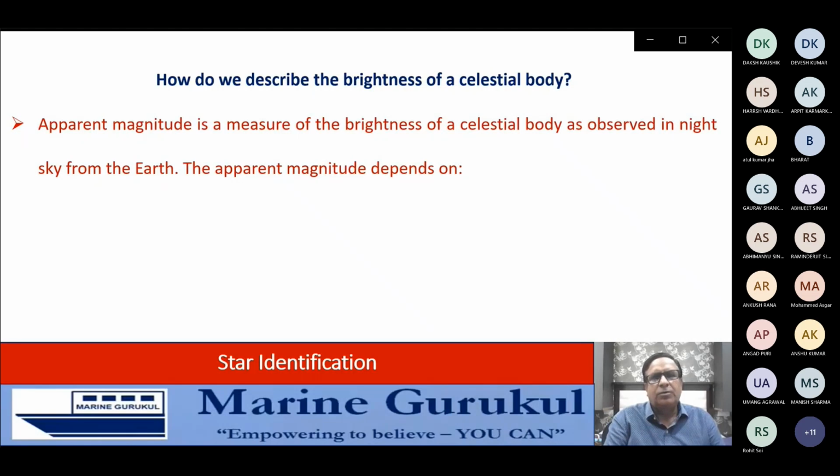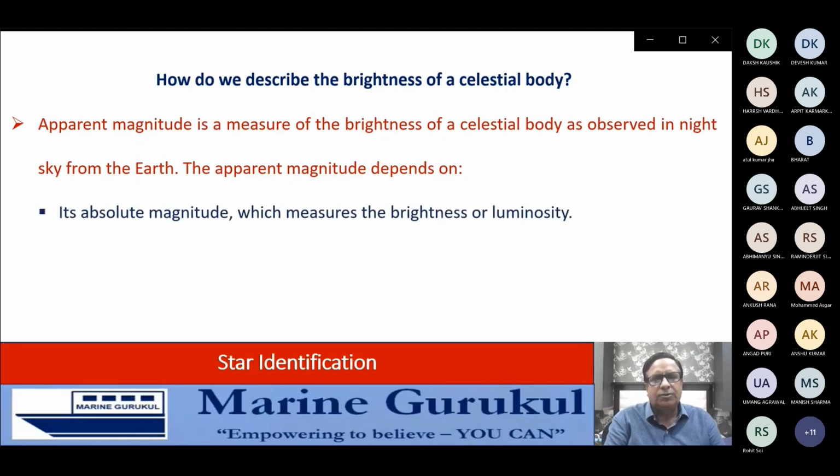Now, the apparent magnitude of a celestial body depends on its absolute magnitude, which is the measure of its brightness or luminosity, the distance of the celestial body from the earth, and also the transparency of the intervening medium, be it the atmosphere of the earth or the transparency of space.